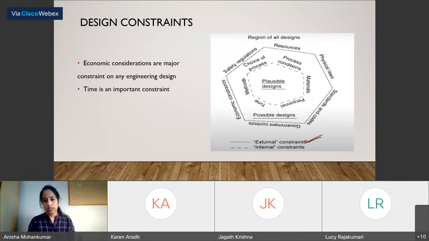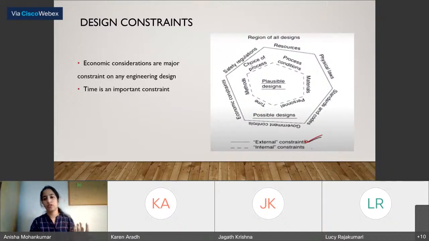So I can say that only internal constraints are in the hands of a chemical engineer, not the external constraints. Say, the choice of process is in the designer's hands, what process he should choose. There will be several ways to produce ammonia or phenol or any chemicals like that. So it depends on you what process you choose, which is more effective, which gives more efficiency.